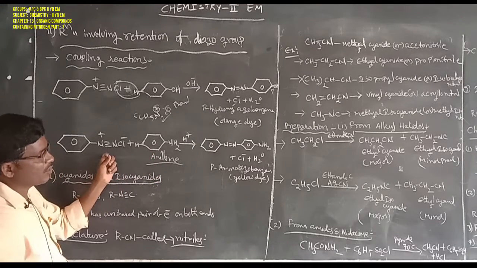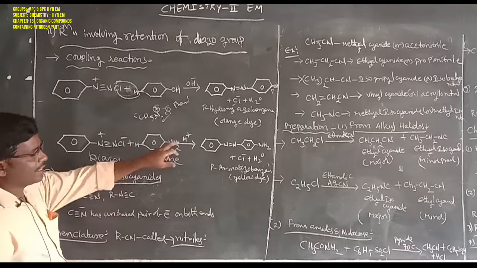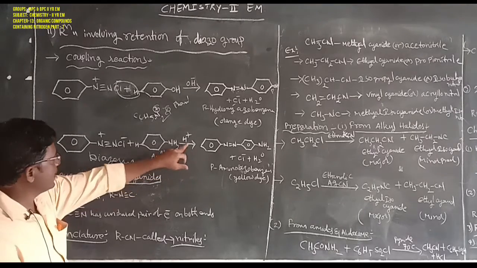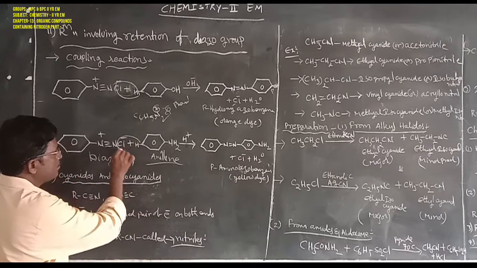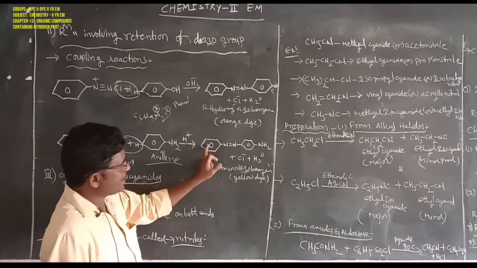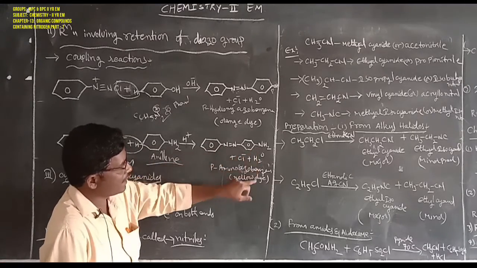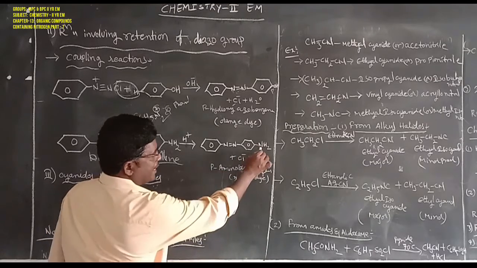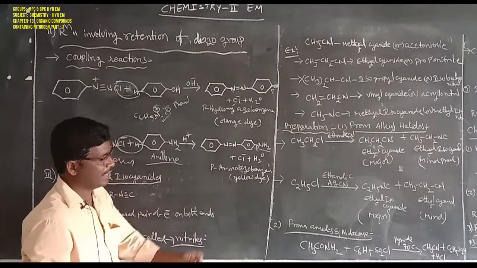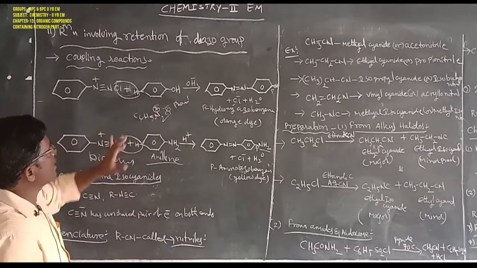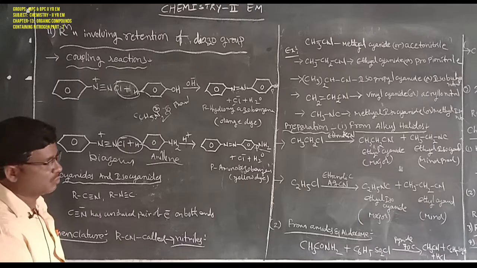It is treated with benzene diazonium chloride in the presence of H plus acid, and HCl is removed. The benzene, N double bond N, and the aminobenzene are joined, with the NH2 group at the para position. This is para amino azobenzene, a yellow dye. This reaction is also called a coupling reaction, or reaction involving retention of the diazo group.